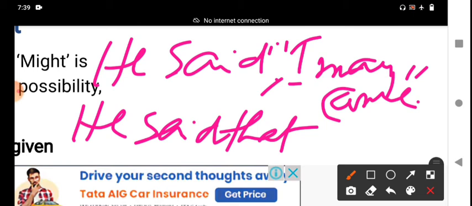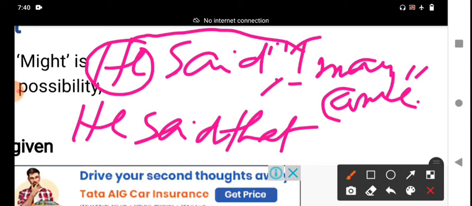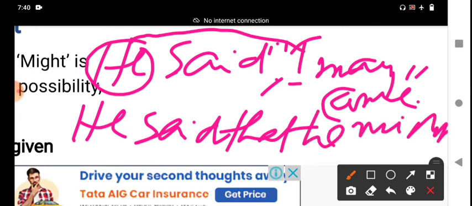I changes based on the subject of the reporting verb, the reporting subject. Reporting subject is a masculine gender, he, third person singular. That means the same subject has come. Who said this? That person. He said that he might come. May changes into might when we are discussing the reported speech in assertive sentences. And it is one of the uses of the might, my dear students.